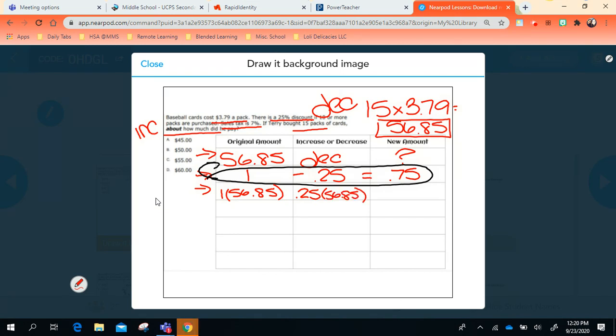Sounds perfect. And then for our third and final box, 0.75 times 56.85. Looking good. Okay, so we have our first step. For those of you at home, check yours with mine. If you have something that's a little off, make sure to fix it.